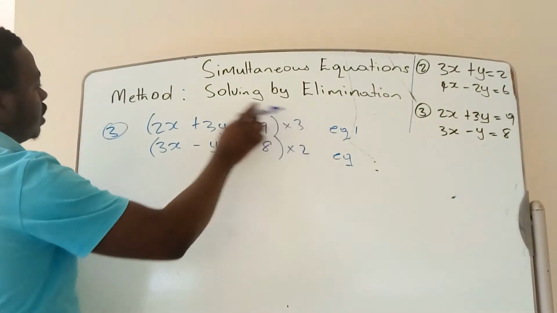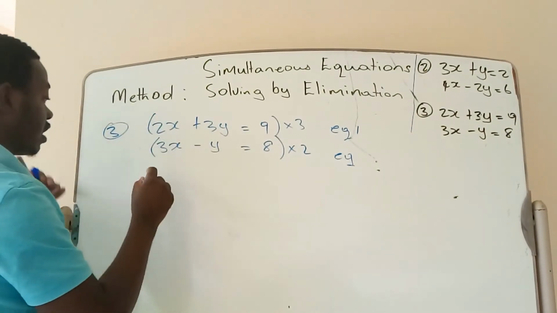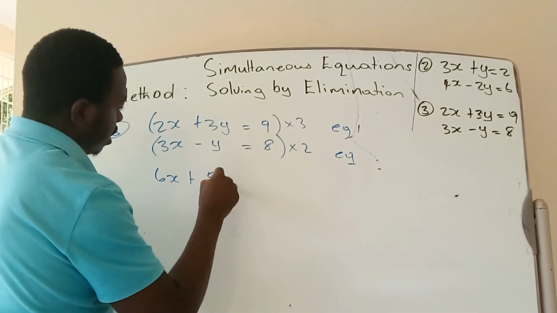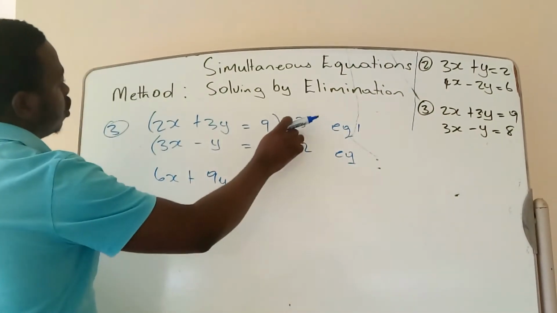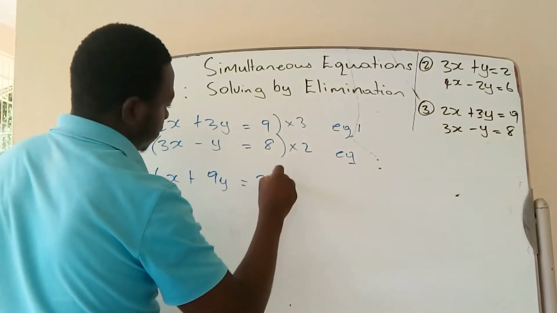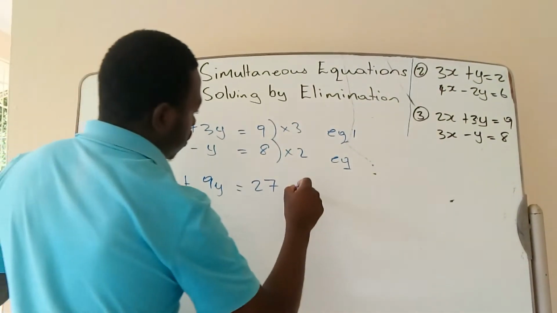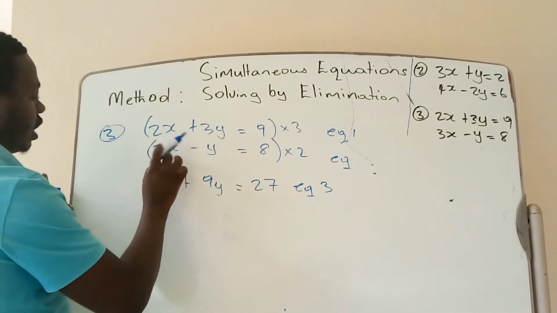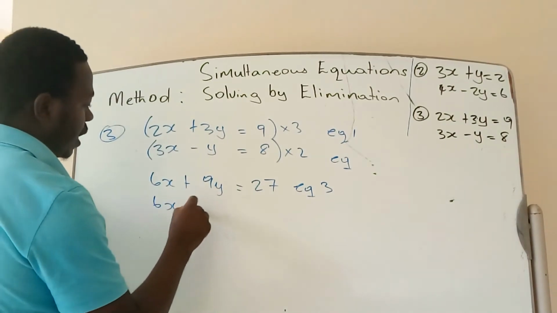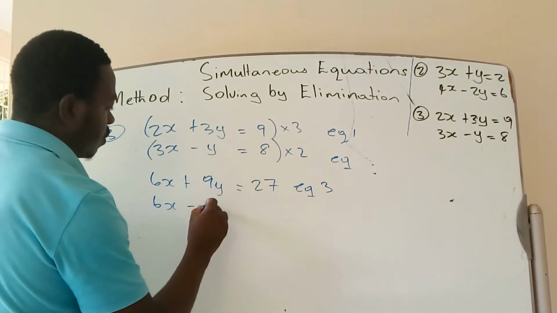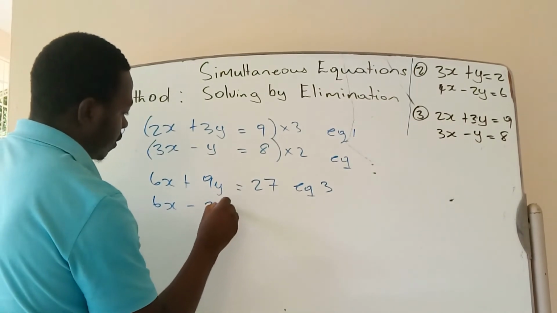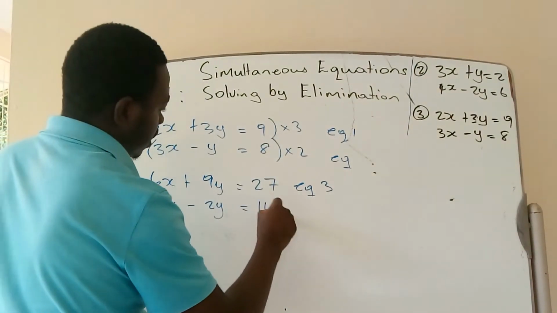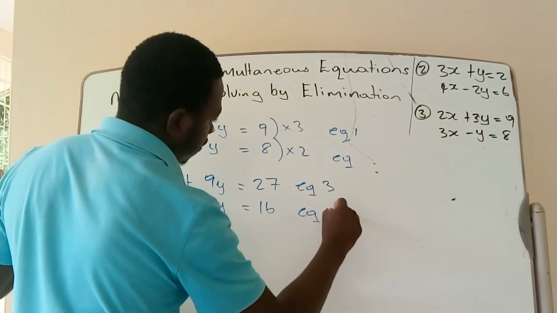Alright, so 3 times 2x will give me 6x plus 3 times 3 is 9y equal 3 times 9 is 27. And this is now equation 3. Now 2 times 3x gives me 6x minus 2 times minus y gives me minus 2y is equal to 2 times 8 gives me 16, which is equation 4.